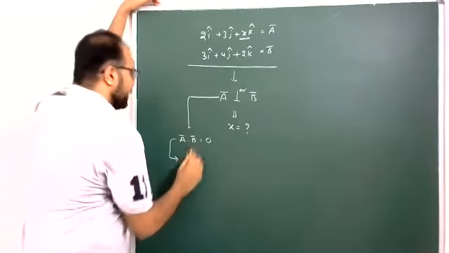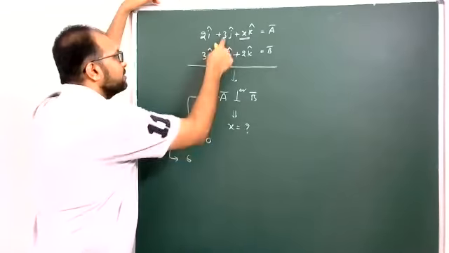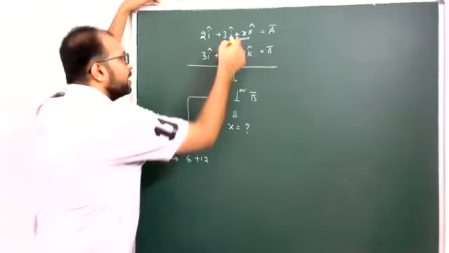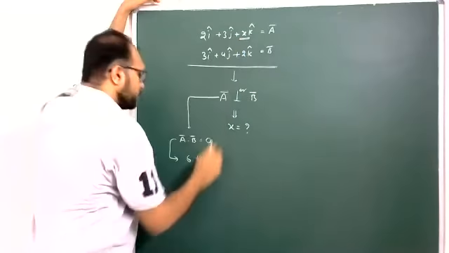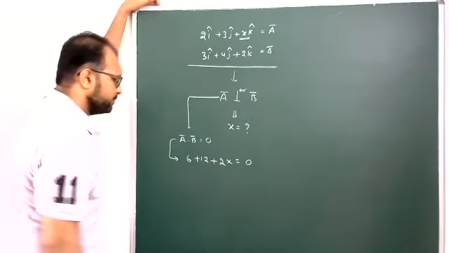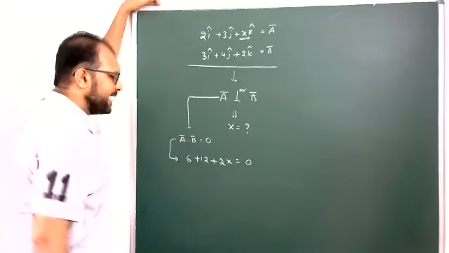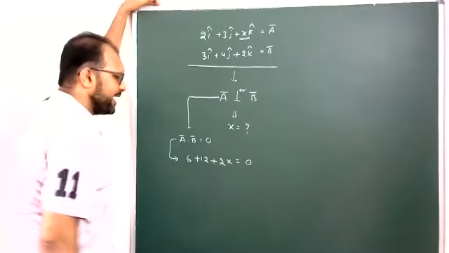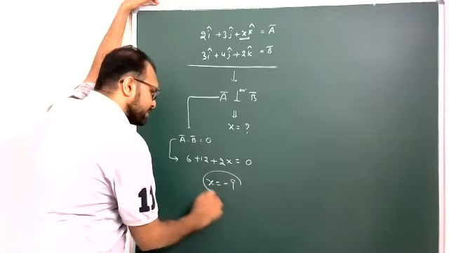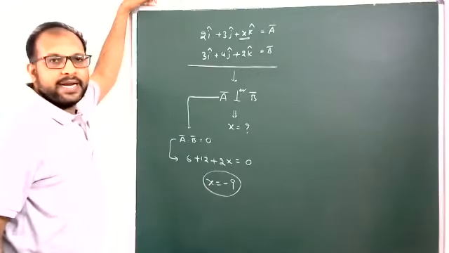2 into 3, 6. 3 into 4, 12. Yes, here 2 into x equal to 0. 12 plus 6, that is 18. Send that side, minus 18. Therefore, x equal to minus 9. Right?